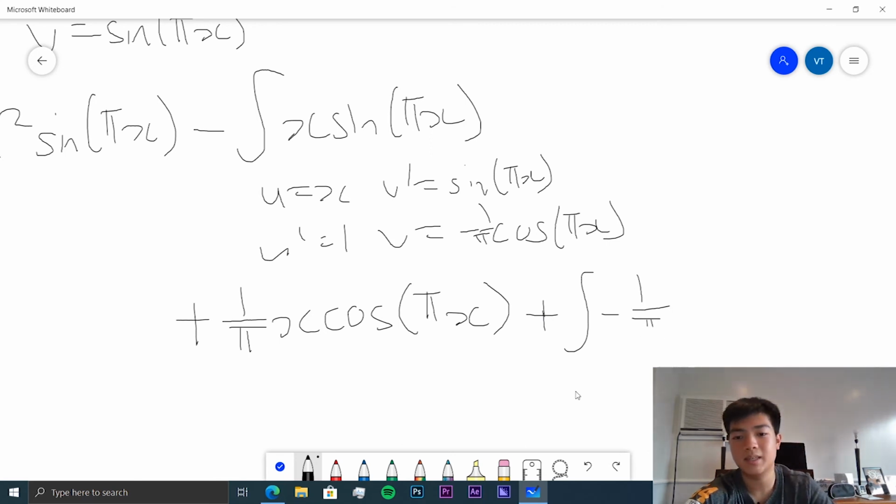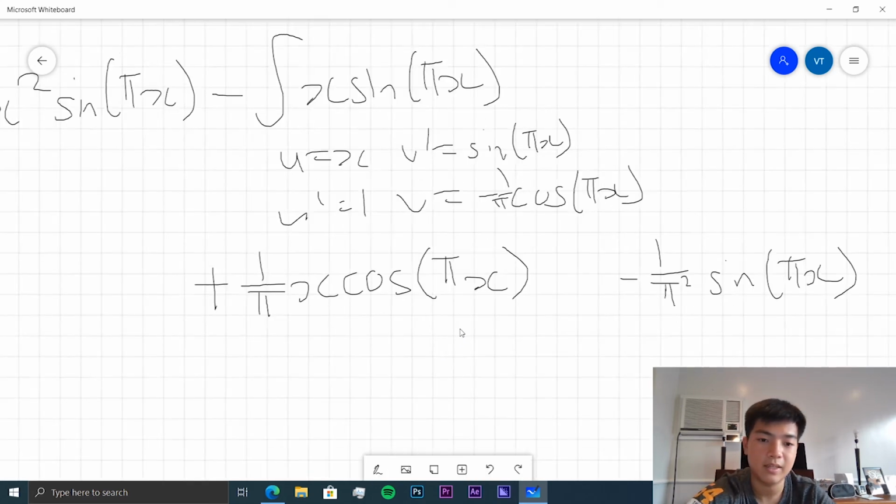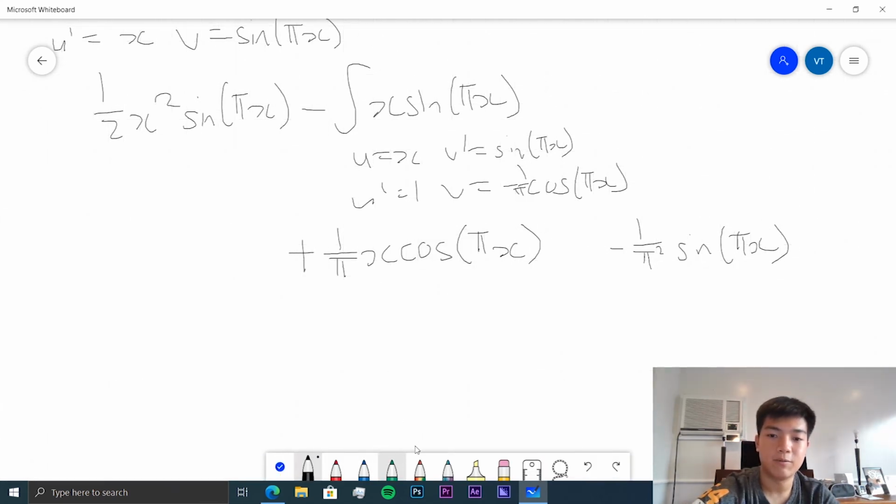So this is going to be equal to minus 1 over pi squared sine pi x. Oh, sorry, you can't see that. Okay. And so if we have 1/2 as the bounds, we can immediately exclude this term.